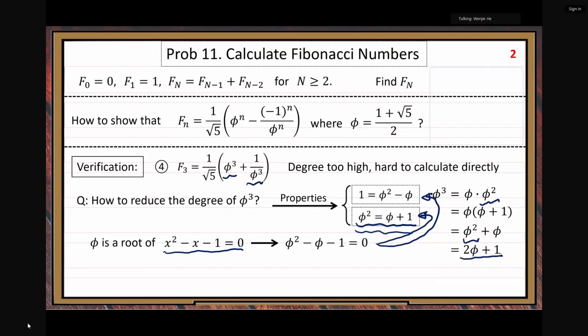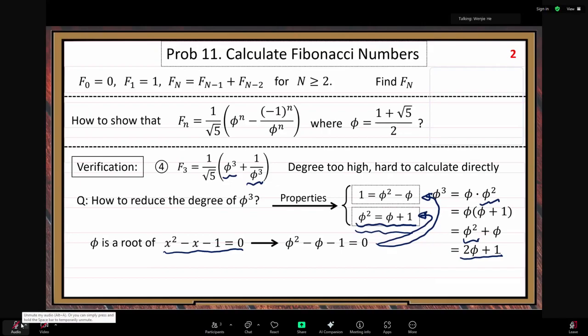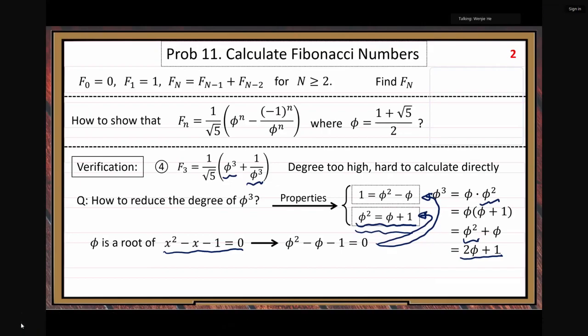So you bring it down from degree 3 to degree 1. That's a very good improvement. That's for the phi cube expression. So let's put it aside. Let's work on the second expression, 1 over phi cube.